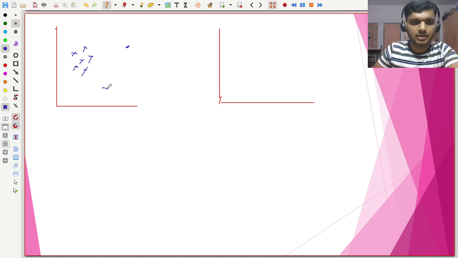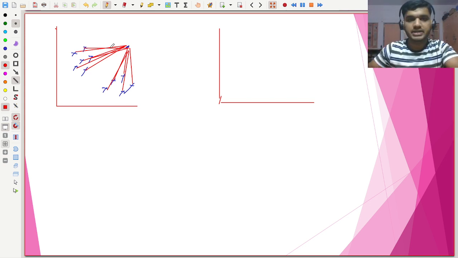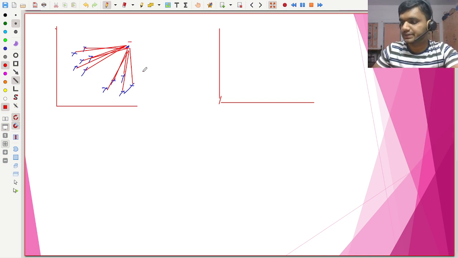If you draw lines like this, each is one distance. It is the distance between a point and its nearest center.